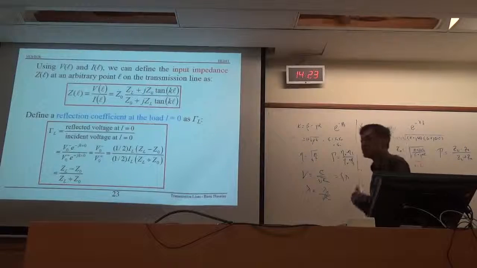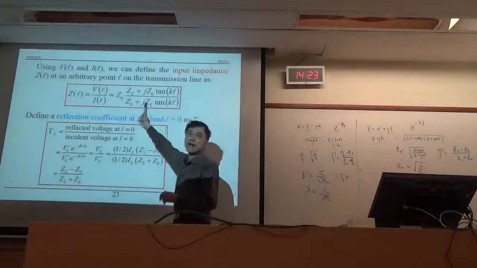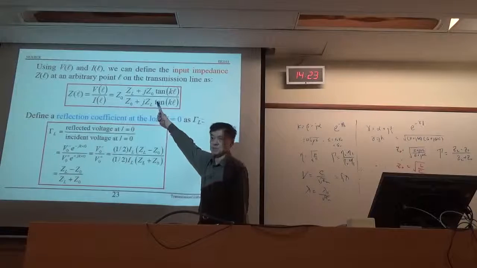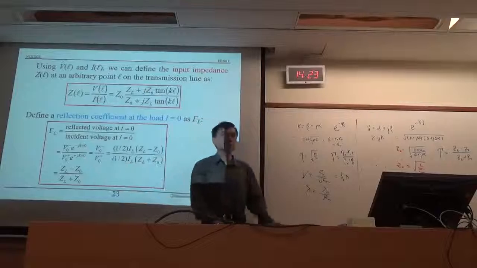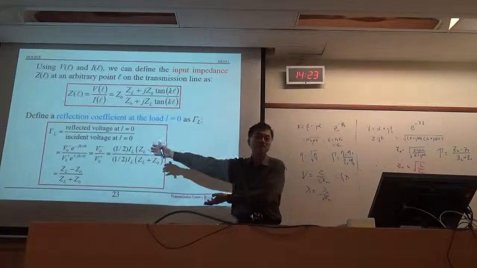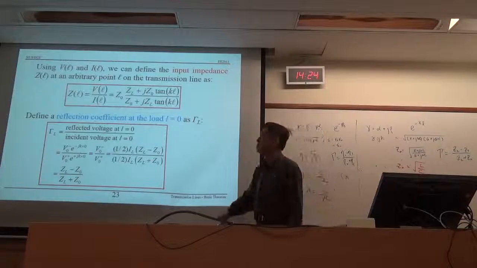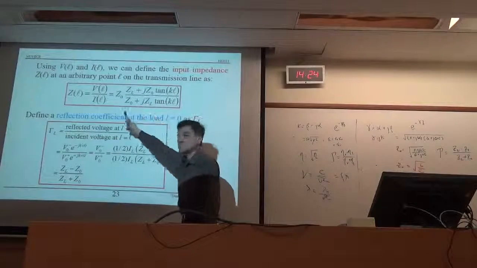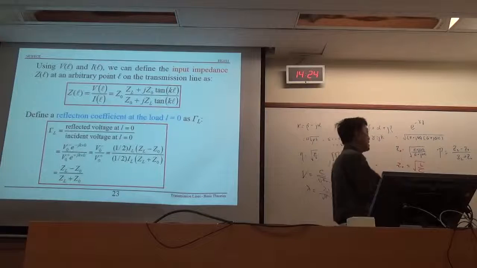Once again, look at the similarity. The only thing that you do not have in the plane wave propagation is this one, because normally people will not measure impedance in a wave propagation. How to measure impedance along every point? Impossible. But a transmission line can. So this is an extra that you do not have over there.